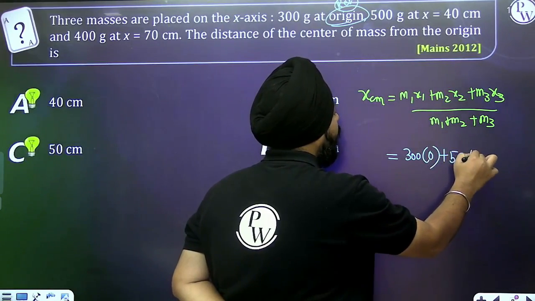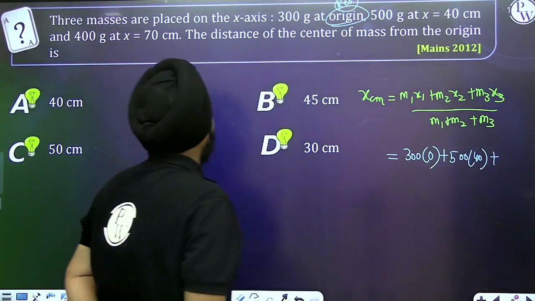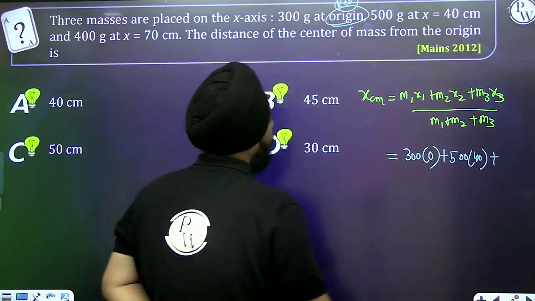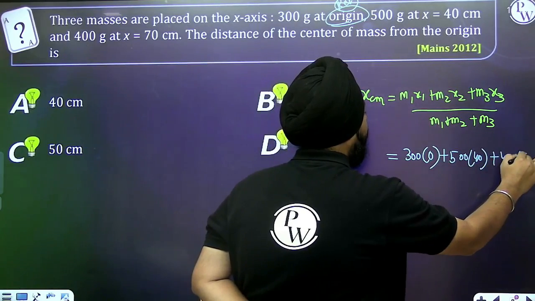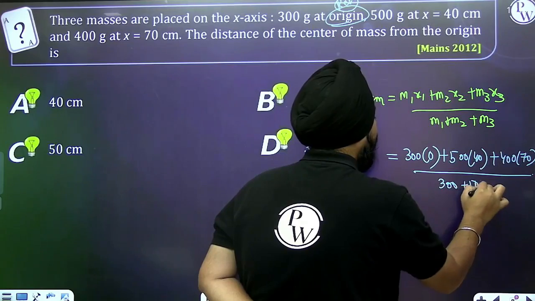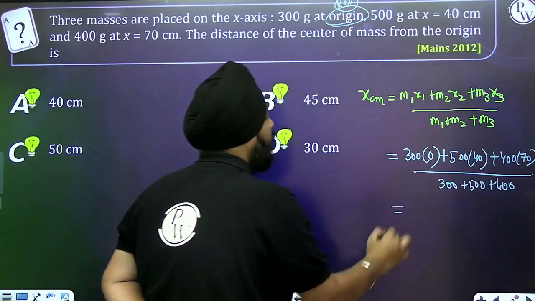So 500 into 40 centimeter plus 400 is at 70 centimeter. So here 400 into 70 whole divided by 300 plus 500 plus 400.